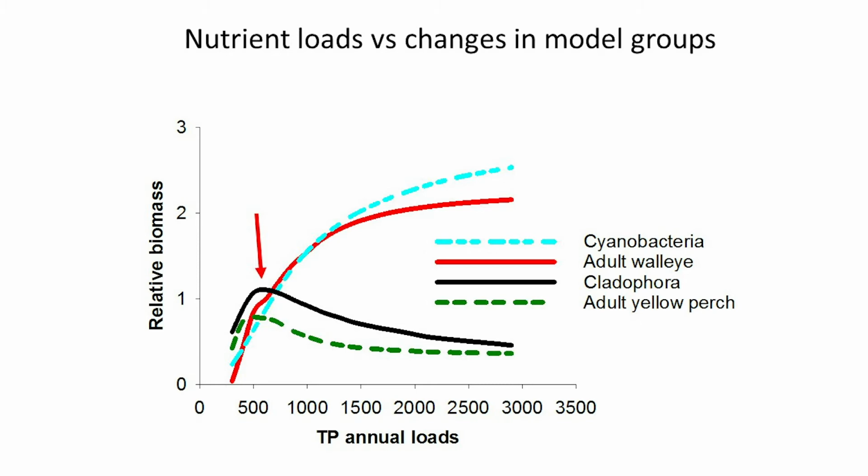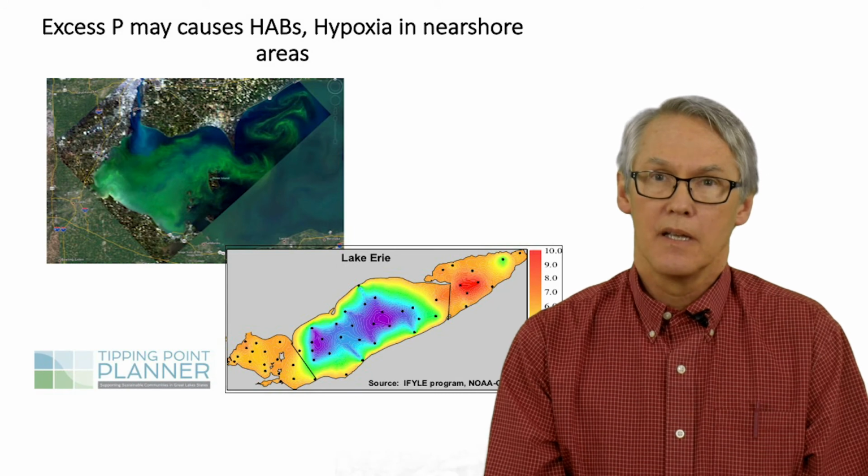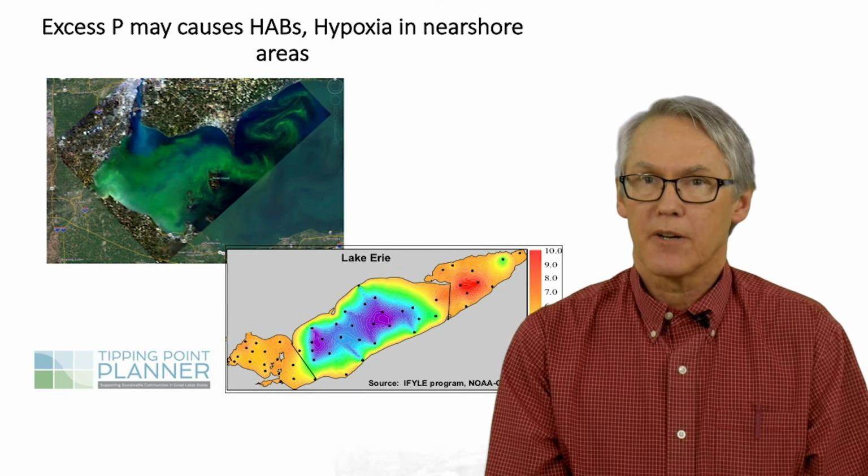And this has implications for management. If we decide to reduce or increase the nutrient loads, we will sacrifice biomass of yellow perch at the expense of increasing both harmful algal blooms and walleye biomass. So that's an example for Saginaw Bay.